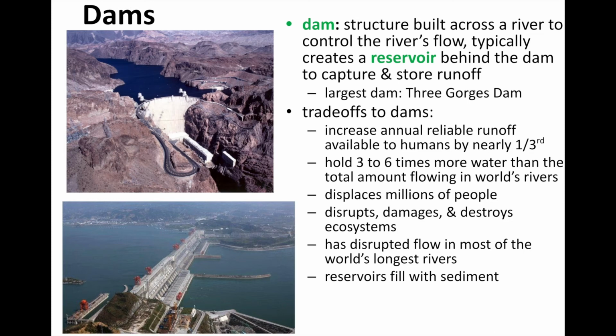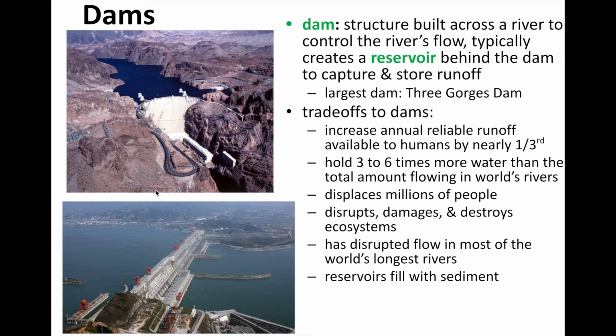We have more access to water in places that we didn't. To build these structures requires the displacement of millions of people upriver because we're flooding those locations. So you can see here we've flooded this entire gorge in order to build this reservoir. I believe this is the Glen Canyon Dam.